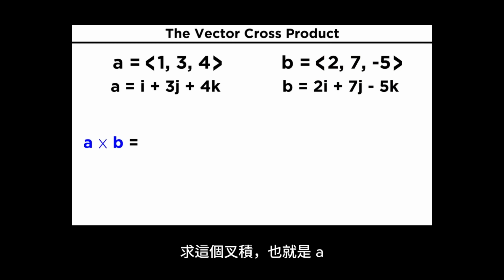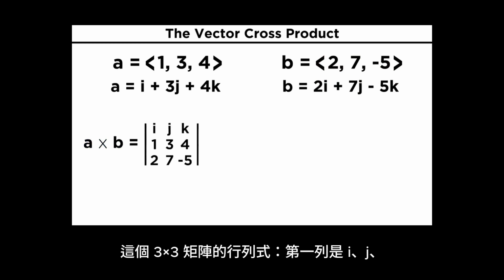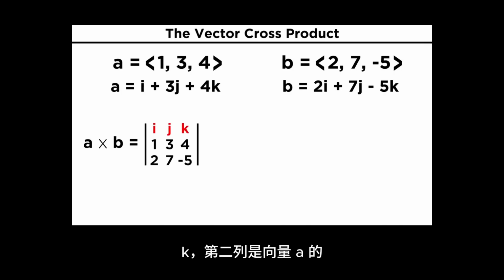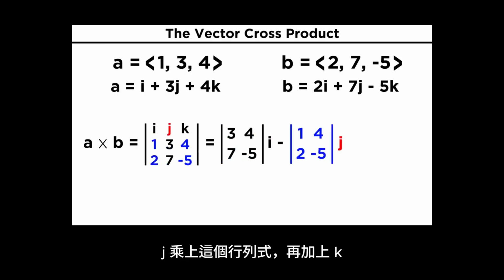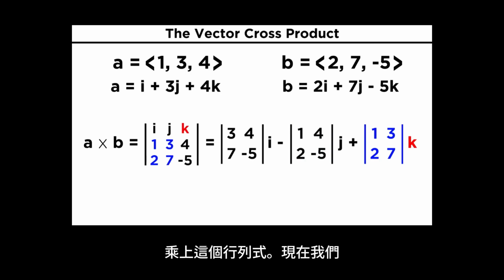The way we find this cross product, or A cross B, is by finding the determinant of the following 3 by 3 matrix, with i, j, and k across the top row, the components from vector A in the second row, and the components from vector B in the third row. We know how to get the determinant of a 3 by 3 matrix, so this is no problem. We just get i times the determinant of this 2 by 2 matrix, minus j times the determinant of this one, plus k times the determinant of this one.